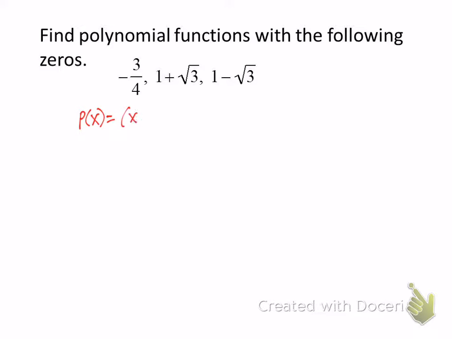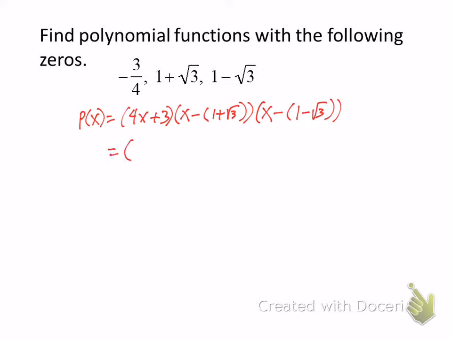Okay, so this is going to be x minus a negative 3 over 4, x minus 1 plus rad 3, x minus 1 minus rad 3.